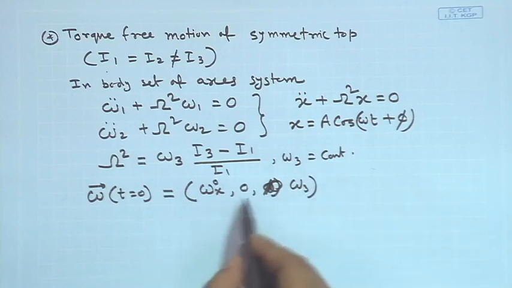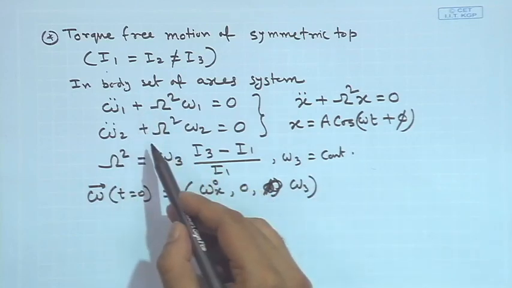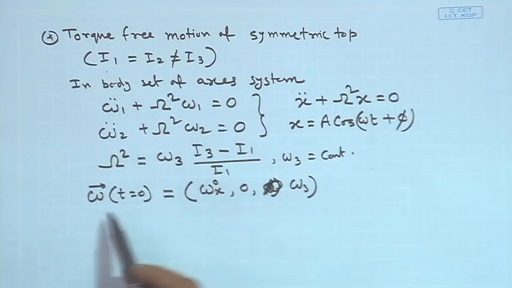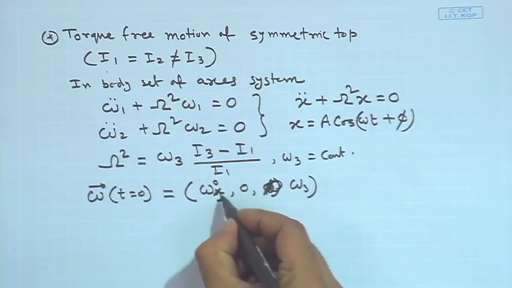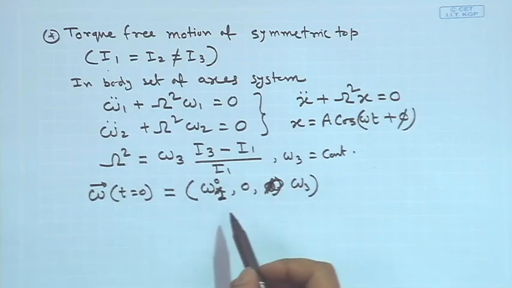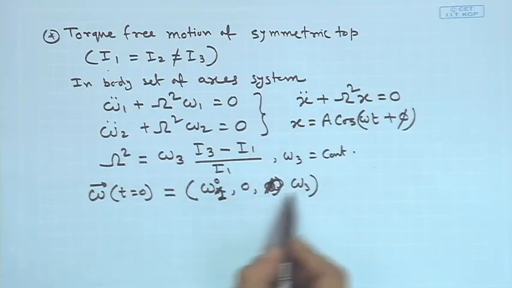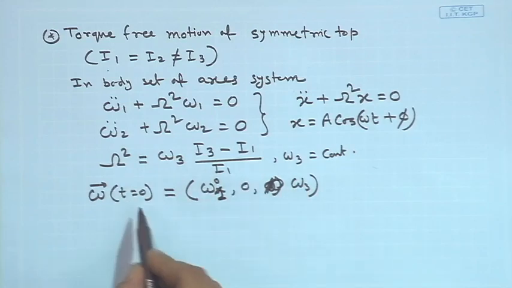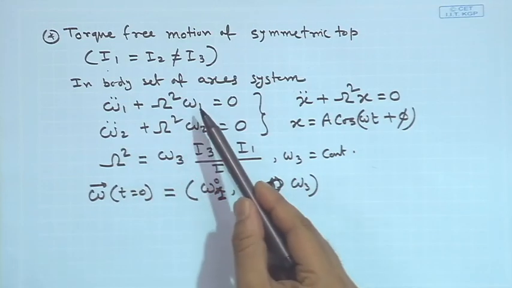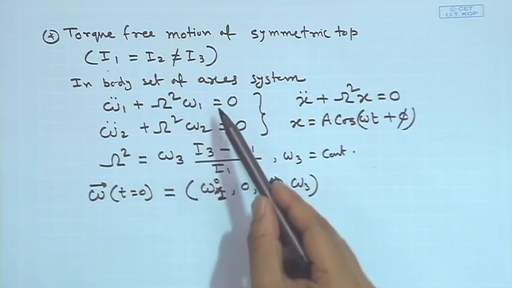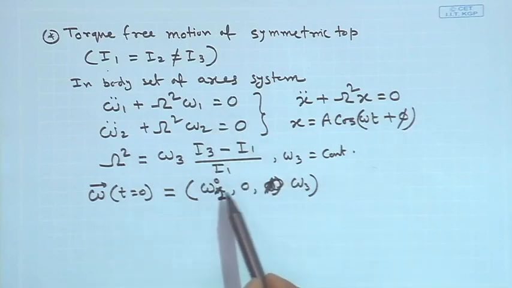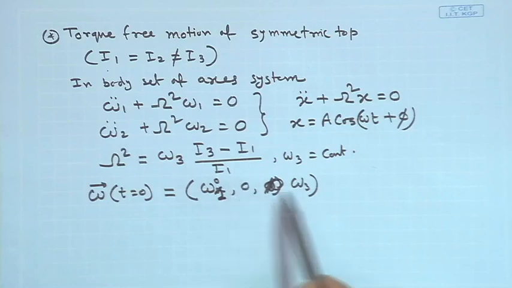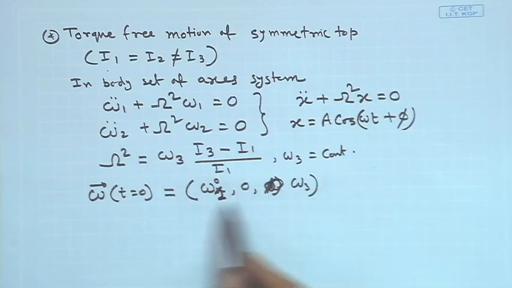Between omega 1 and omega 2 at t equal to 0, omega 2 was 0, and omega 1 is the same as omega x. So, if you set this initial condition, that means between your first and second components of angular velocity at time t equal to 0, only the first component exists, the second component is equal to 0. I will give you a physical interpretation of this very soon.